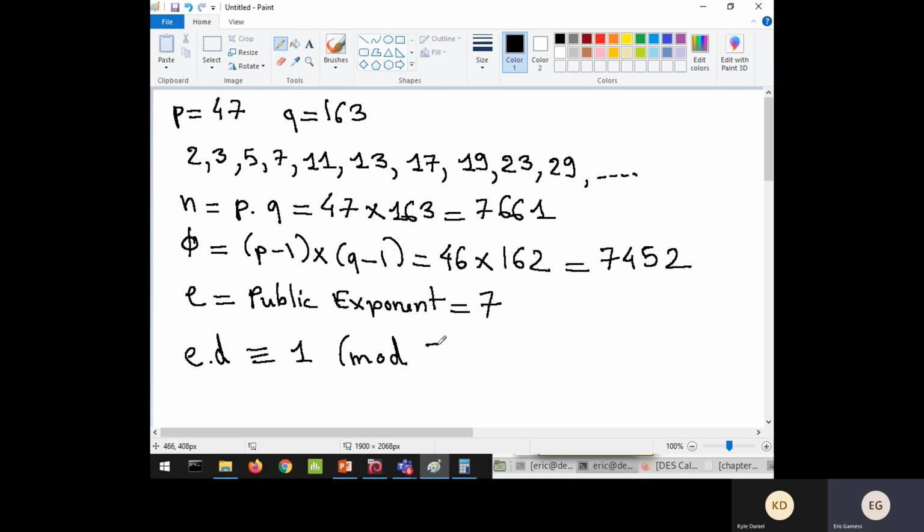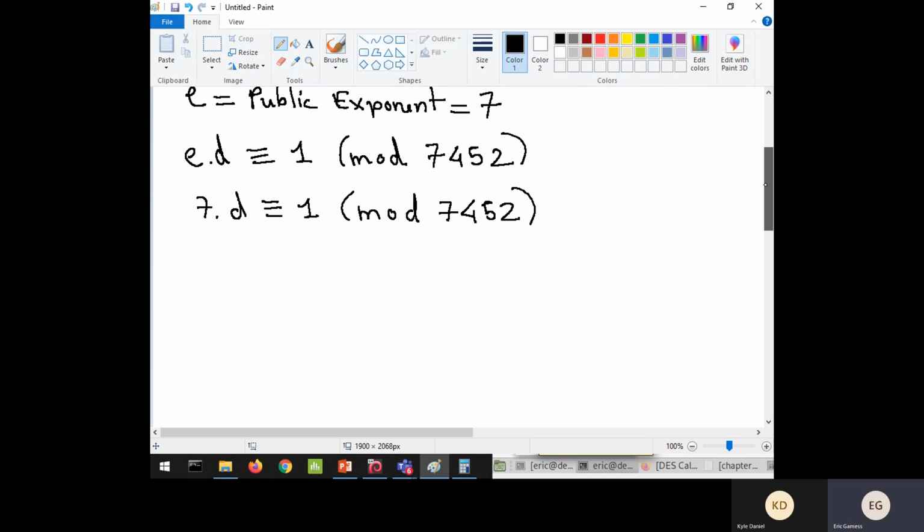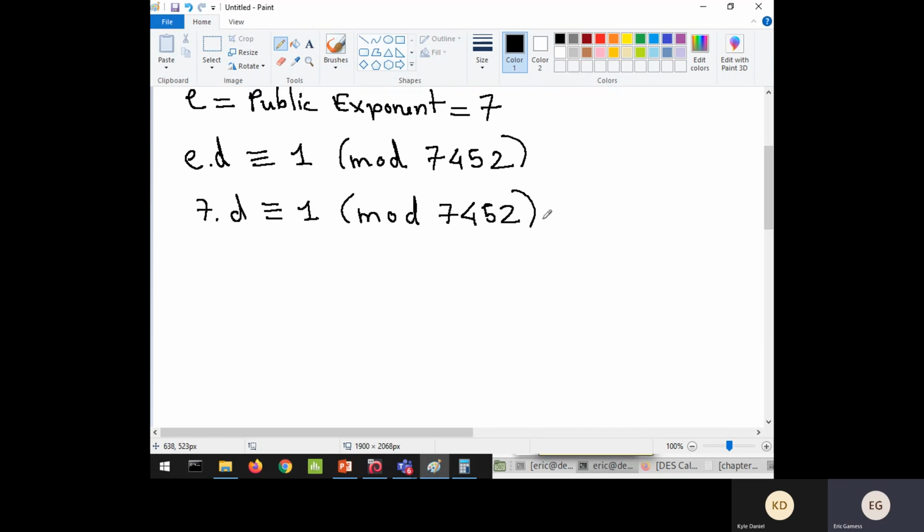So the totient is 7,452. I already have E. I choose E as 7. So what I need to resolve is 7 times D congruent to 1 modulus 7,452. Okay? So let's compute it, and then let's do a program that will compute it for us.